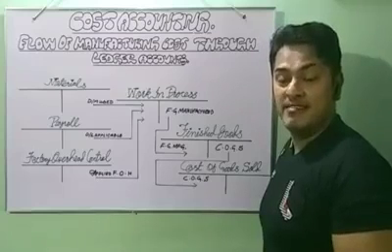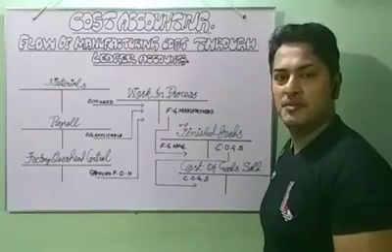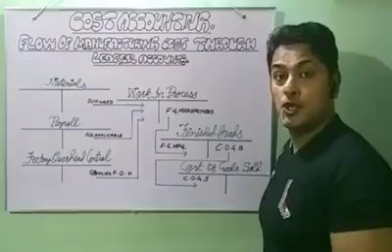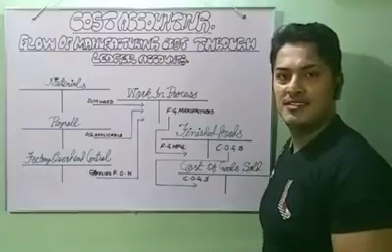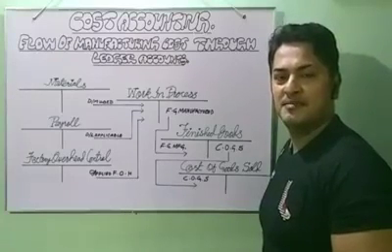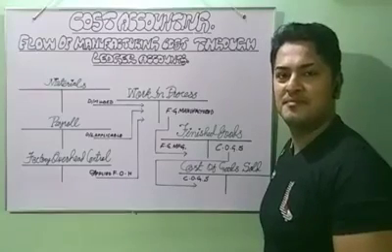Thread is an indirect material for the clothes. Glue, nails, screws are indirect materials for the furniture.